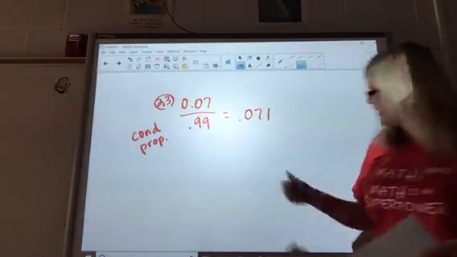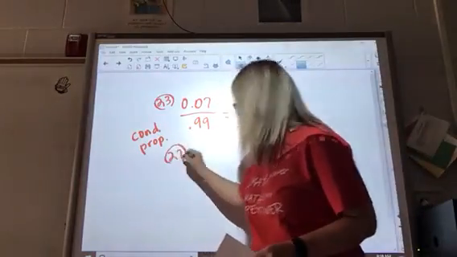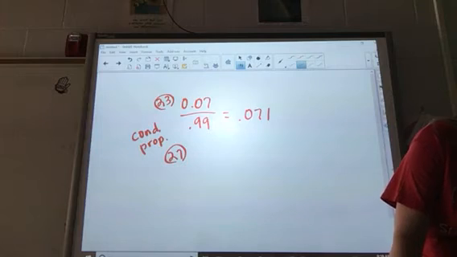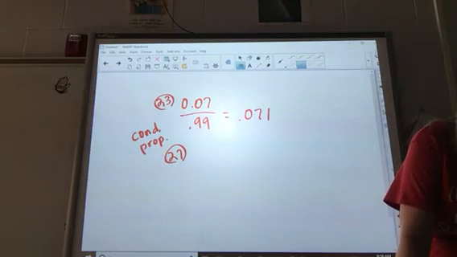Alright, let's jump to 27. 27 says, at a large university, the probability that a student takes calculus and is on the dean's list is 0.042. The probability that a student is on the dean's list is 0.21. Find the probability that the student is taking calculus.